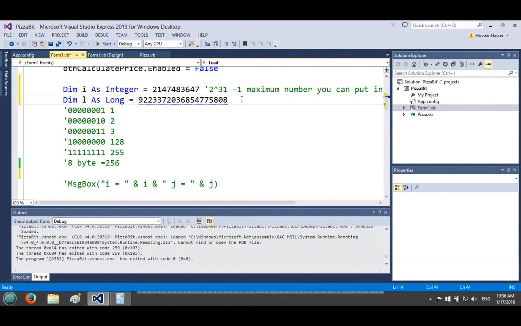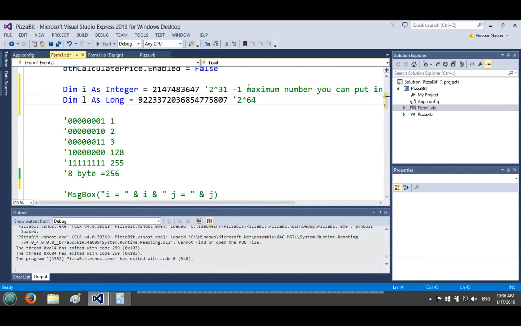So minus 1, and that's the largest number you can put in a long. These are the different types I just wanted to explain. That's a very huge number, by the way.